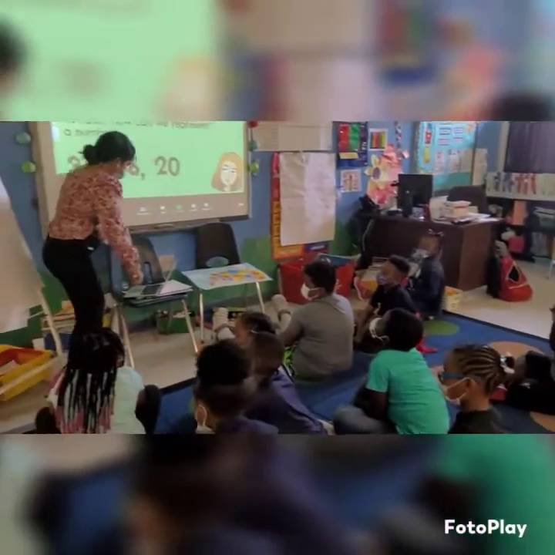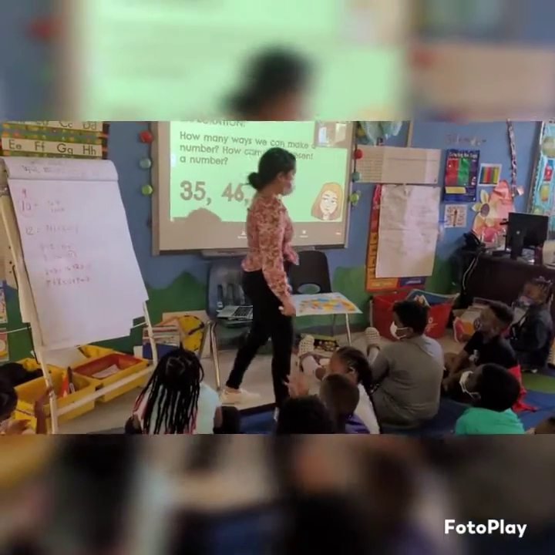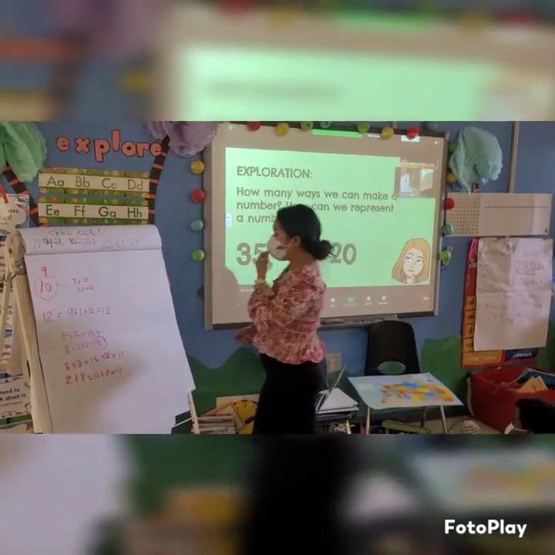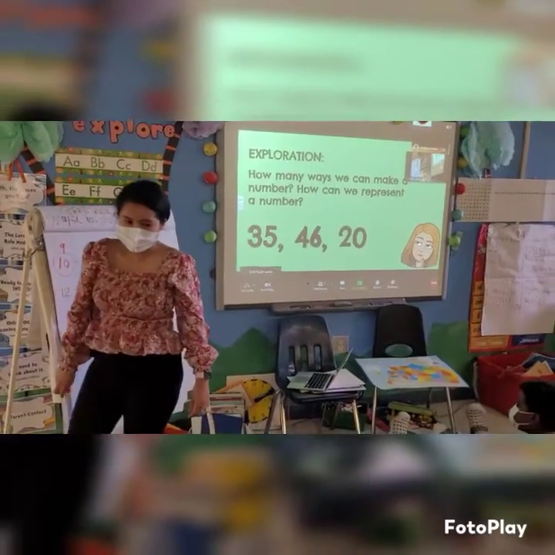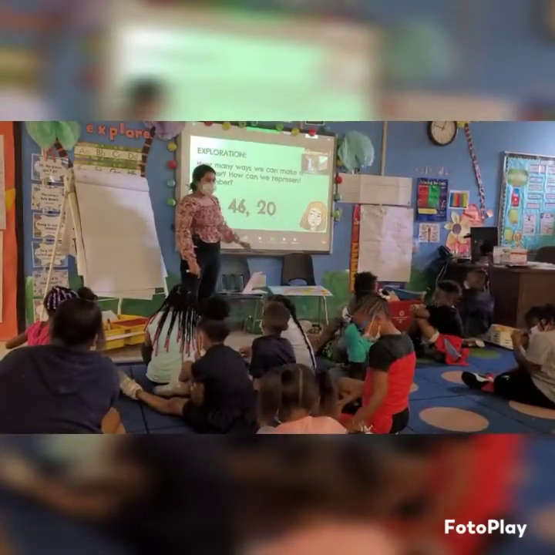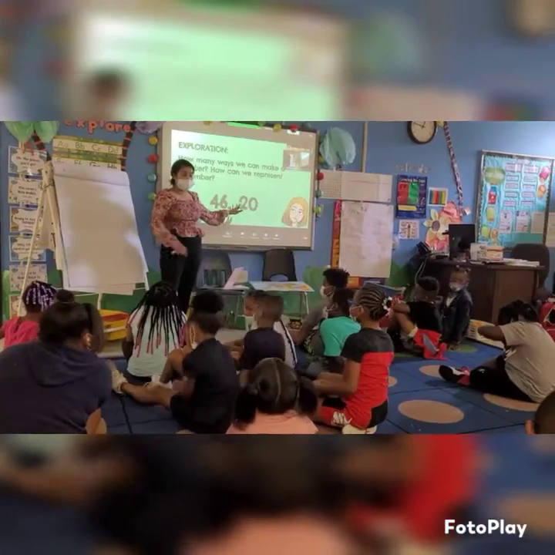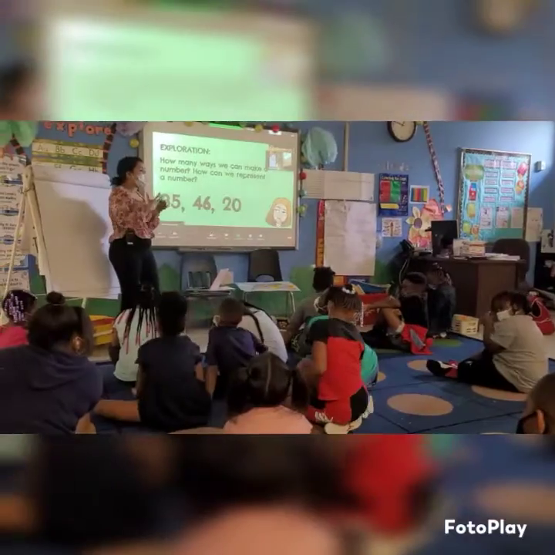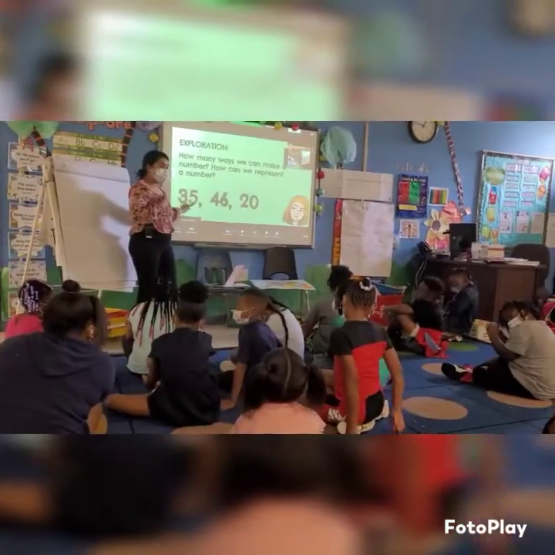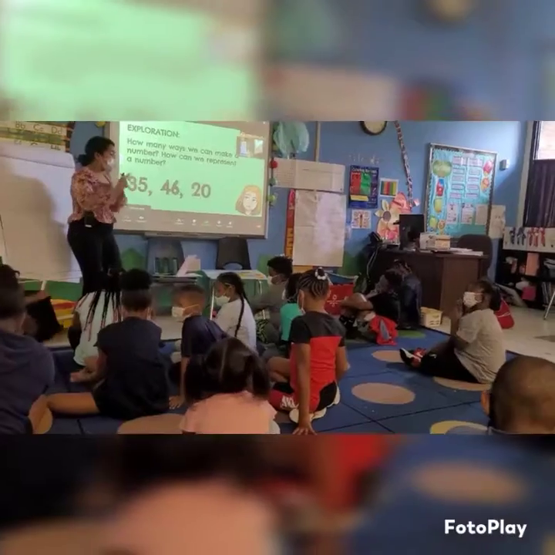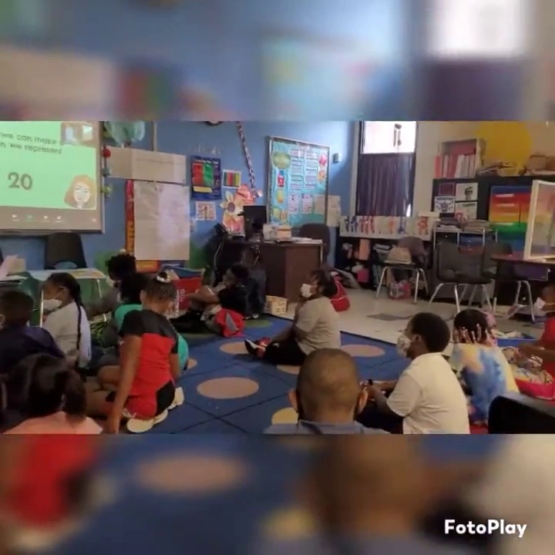So now we're going to talk about how many ways we can make our number. The other group will have 20. What we're going to do is think of different ways you can make that number in your group, but you're not going to repeat an answer.